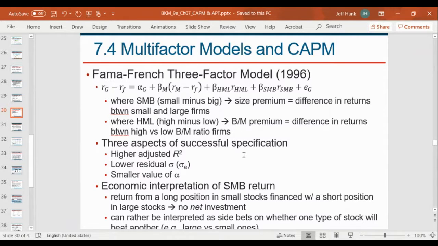High minus low is basically the book value to market value premium, right? Flip it. We've been talking about this in stock valuation: the market price to book value ratio. A company with a high market price compared to its book value per share, what does that mean?